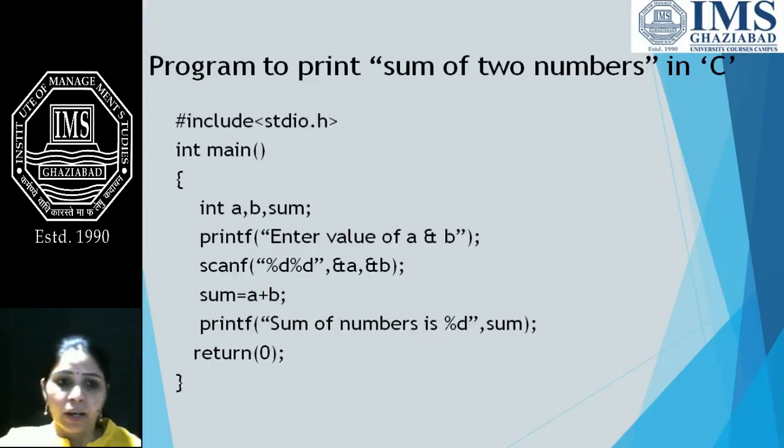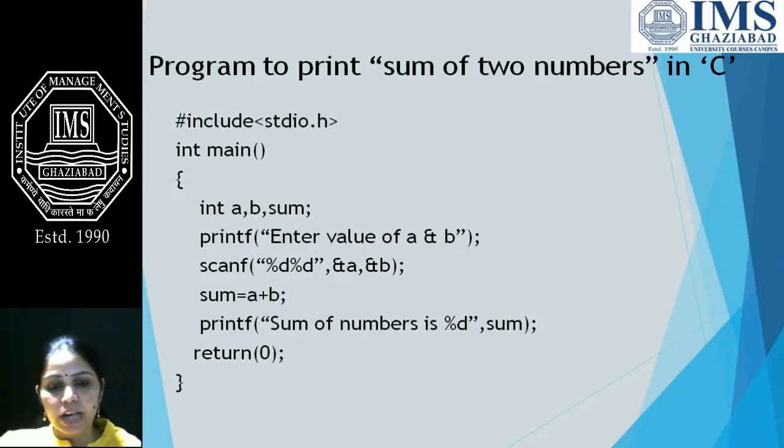Let us see how. Here we have written printf enter value of a and b. And then we have scanf %d, comma, &a, comma, &b. The %d are again the format specifiers, and whatever number of variables we want to input, that many format specifiers we need to use, one per variable.